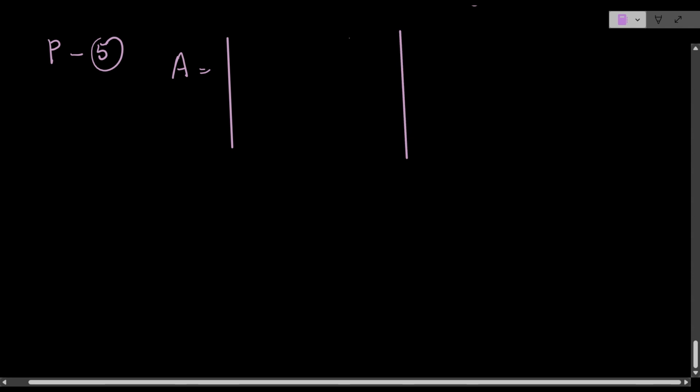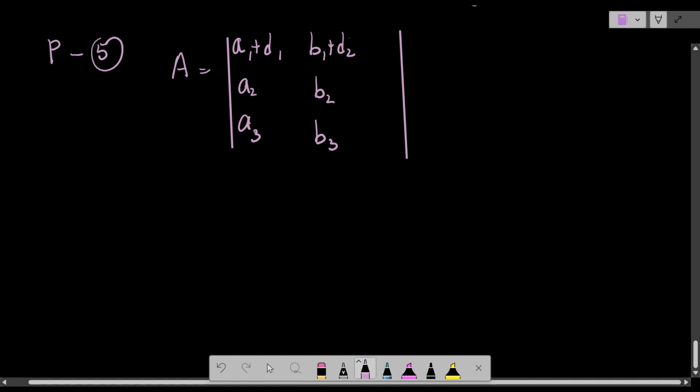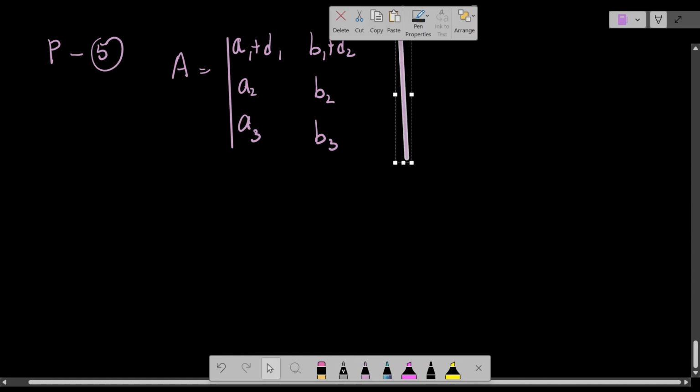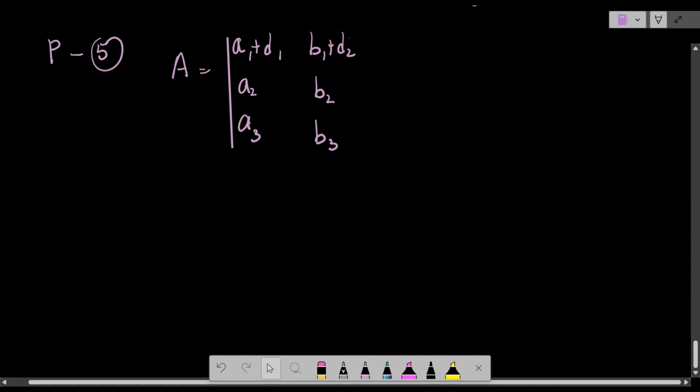Property 5. Now I have a determinant and I am adding numbers to the elements of the first row: A1 plus D1, B1 plus D2, B2, B3, C1 plus D3, C2, C3.